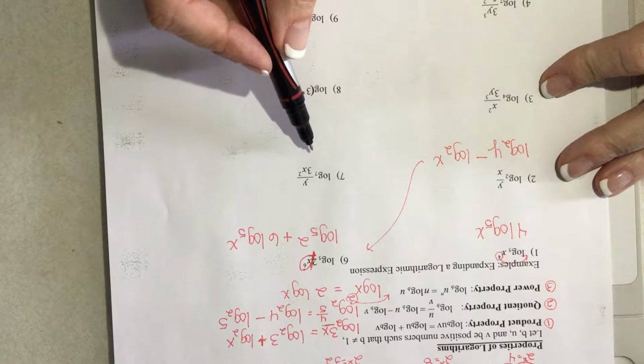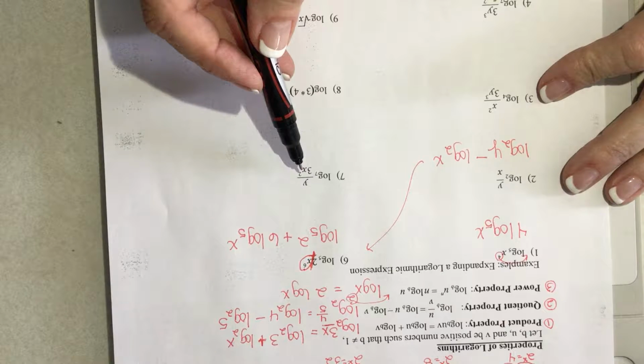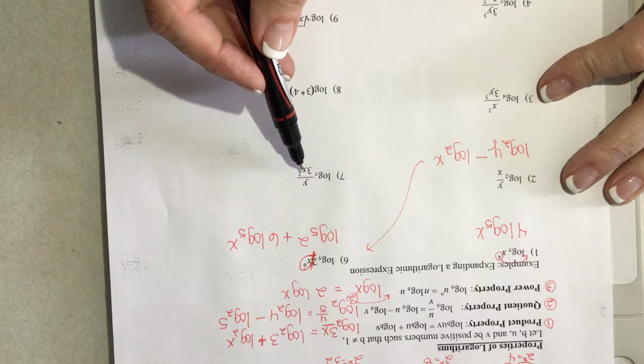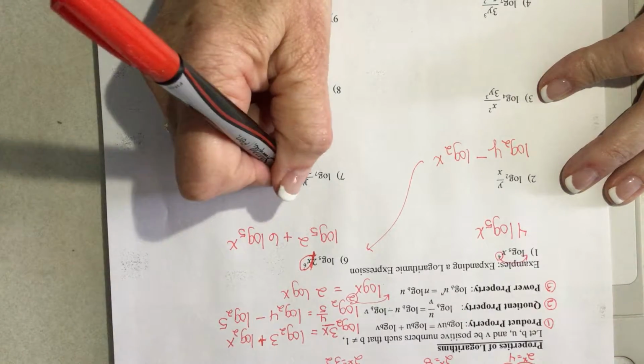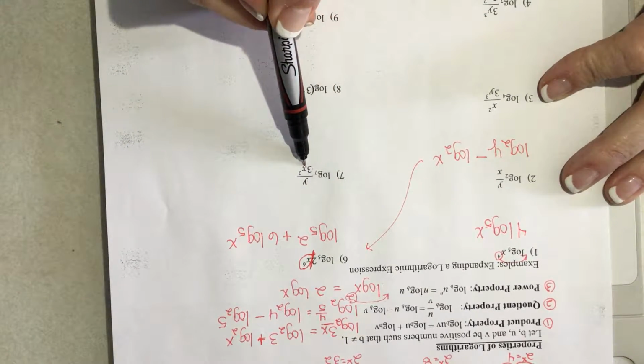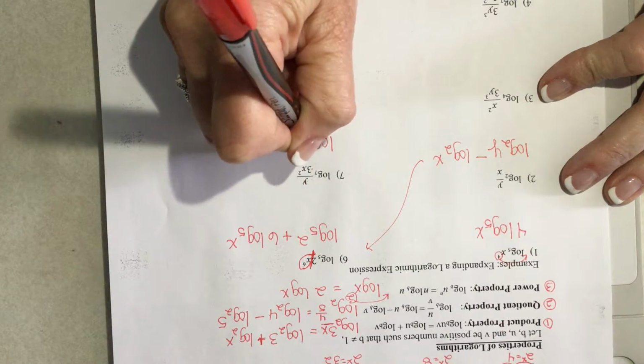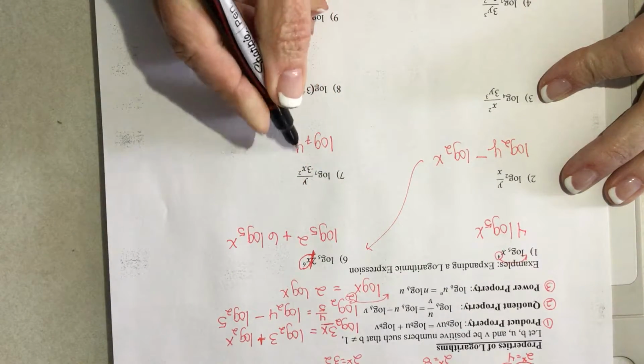Okay, number 7. First thing I ask you, how many factors do I have? Kennedy says 3. I agree with her. We have 1, 2, and 3. 3 factors. So how many logs am I going to write? 3. Okay, so the first is pretty simple and straightforward. It's just log base 7 of y.